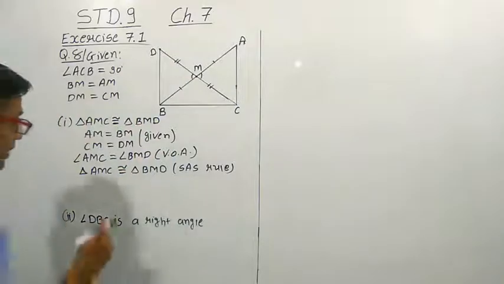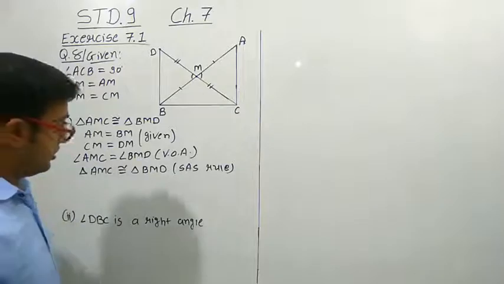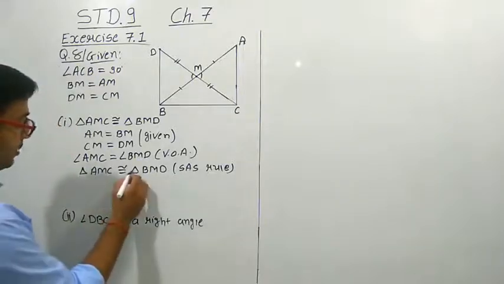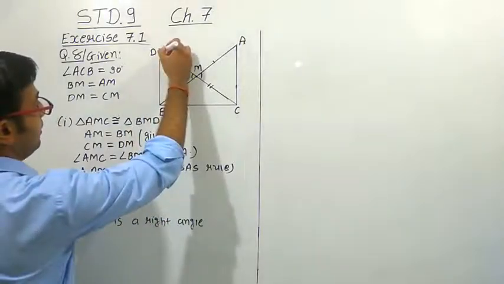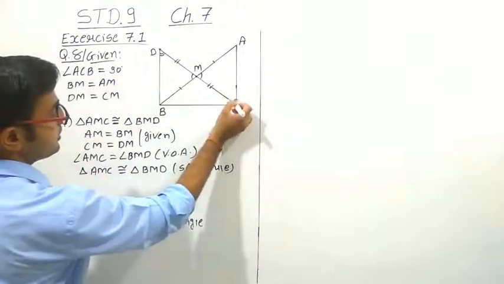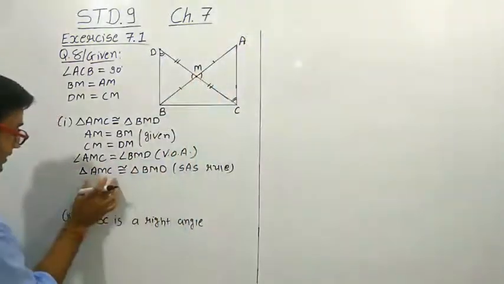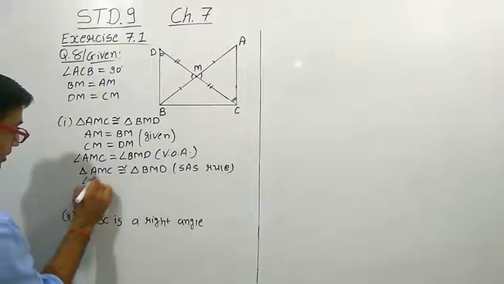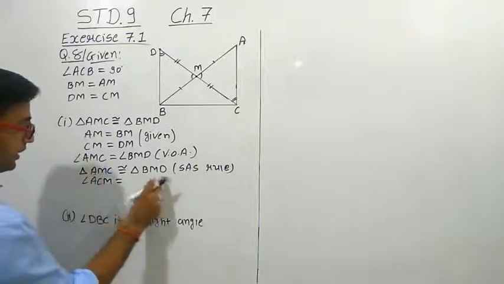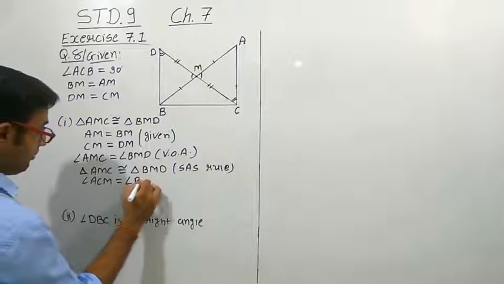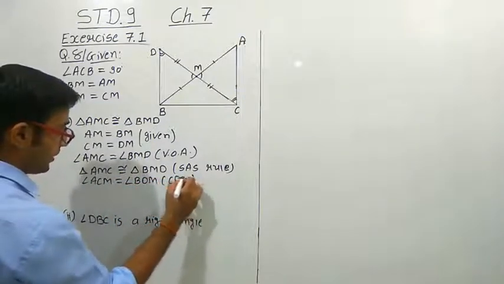See, here we have proved that the two triangles AMC and BMD are congruent, so their corresponding parts will also be equal. Yes. So now consider this angle and this angle. Angle ACM of this triangle will become equal to angle BDM by CPCT, right?